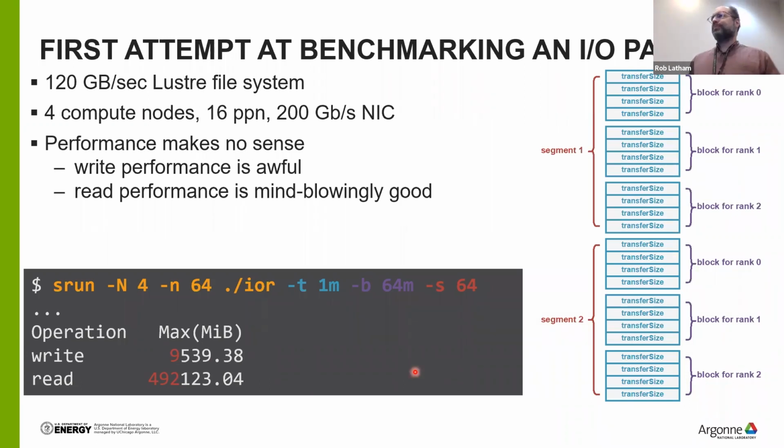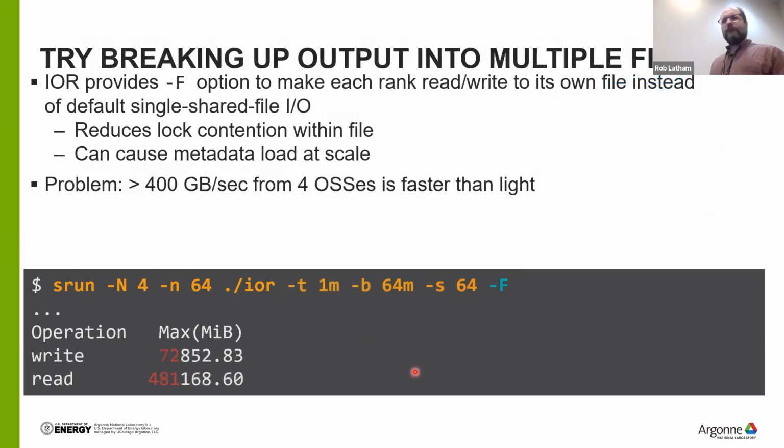When we read back the data, okay, right. So we'll talk about why the write data is poor. We'll go write first. Because these processes all write into a shared file, I hate to say it, but splitting up into one file per process is a way to get some better performance. Except now we're talking about dealing with lots and lots of files.